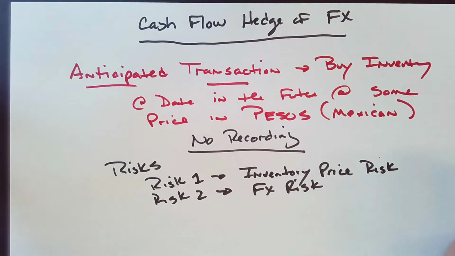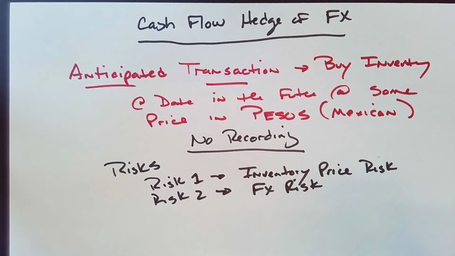Now, here, hedge accounting makes a lot more sense versus the fair value hedge. If you watch the previous video on fair value hedging, I have a problem with the accounting literature forcing you down to hedge accounting for fair value hedges, because I think you get the same financial statement outcome whether you use 815-25 or whether you use 830-20.